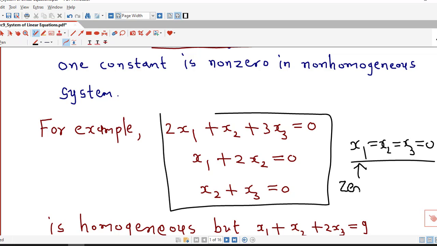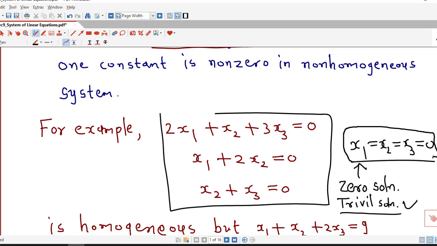This type of solution we can call the zero solution, or another name is trivial solution, because it is obvious. If we take all the variables equal to 0, then all the equations in this system are automatically satisfied. So we can say that a homogeneous system is always consistent.